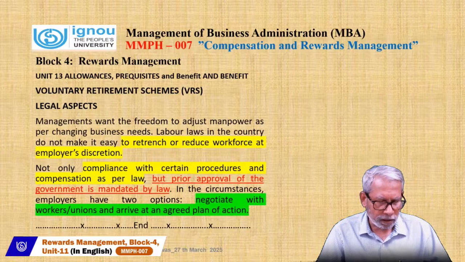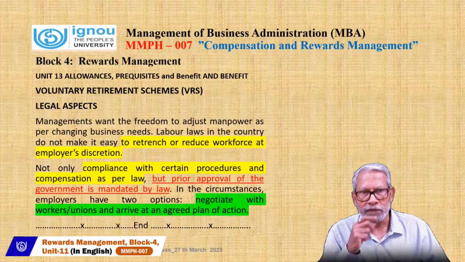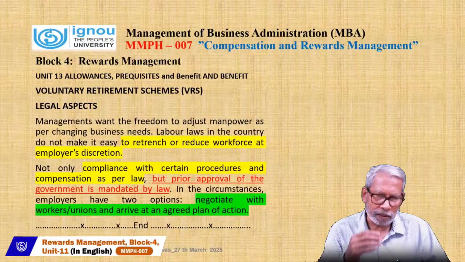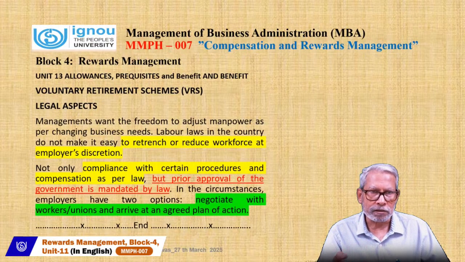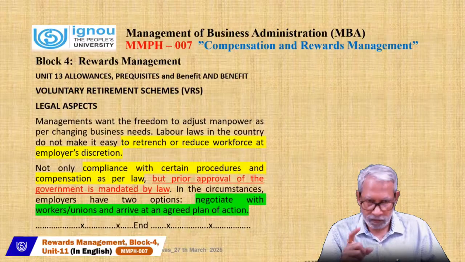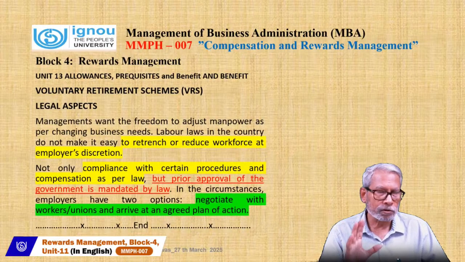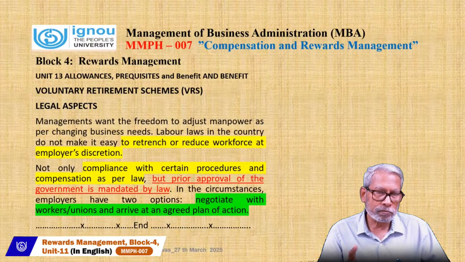Then what are the various components in the design of the VRS scheme? Suppose you are designing a VRS scheme based on your company. You have to consider which things have to be considered, keeping in view the optimization of manpower, because ultimately your good people should not leave the company.